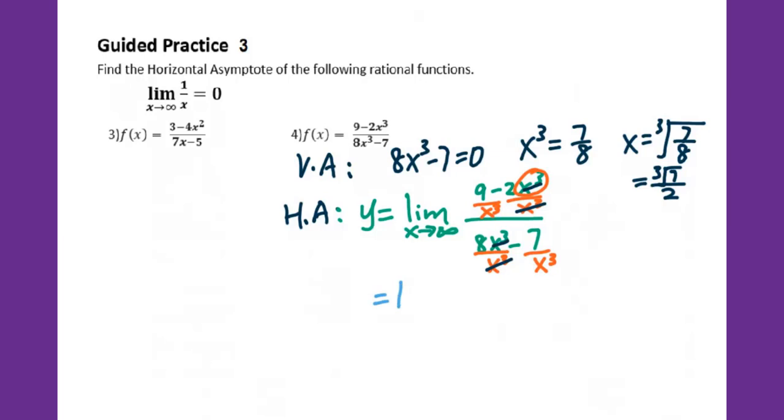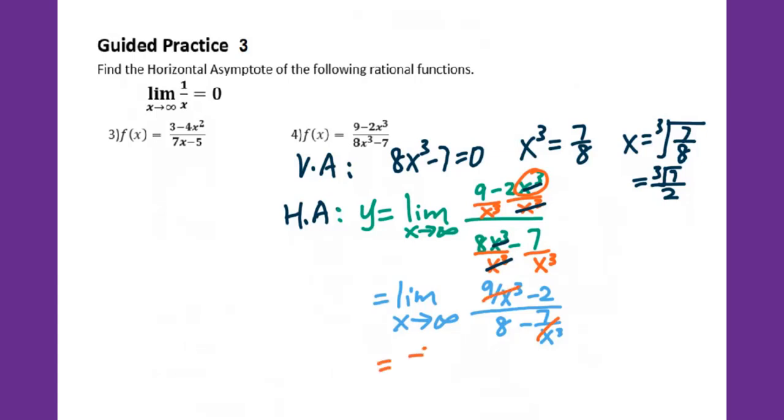Then reduce. You will get the limit as x tends to infinity of 9 divided by x to the third power minus 2, over 8 minus 7 over x to the third power. Whenever the denominator is x after you simplify, it goes to 0.